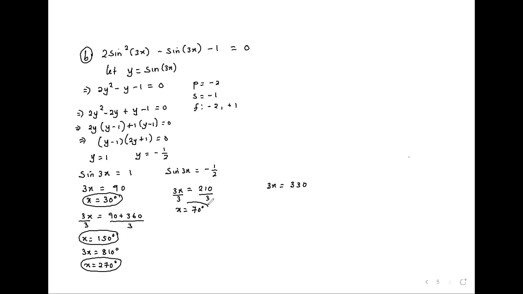This will be the first x. The next is going to be 210 plus 360. Then we divide by 3. So it will be 570. Then we divide by 3. We are getting x to be 190.